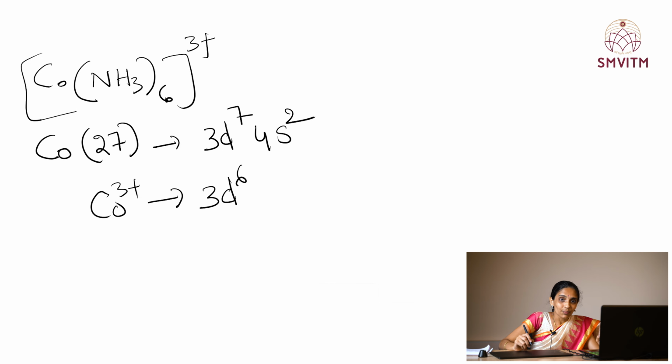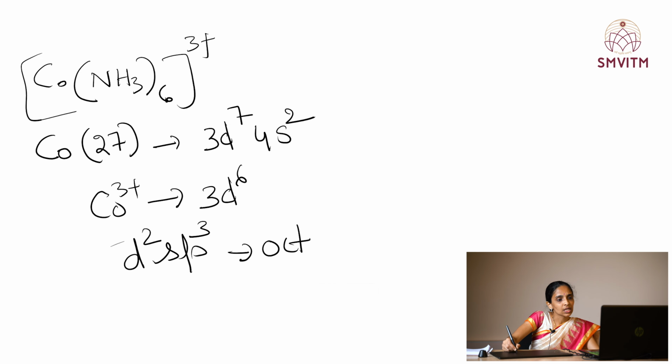Now the amine ligands, what do they do? In the Co3+ ion, they induce electron pairing. So the hybridization becomes d2sp3, is it not? You have to show electron pairing in the box diagram, and the hybridization as a result becomes d2sp3. So the resultant shape becomes octahedral, and because of the paired electrons, there will not be any magnetic property.